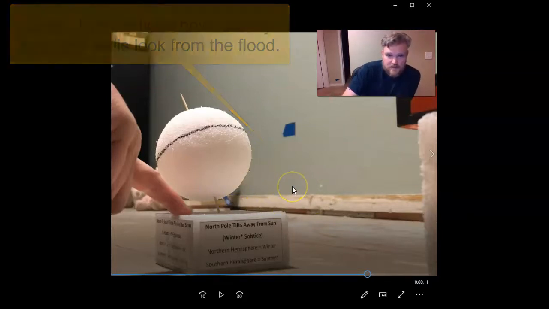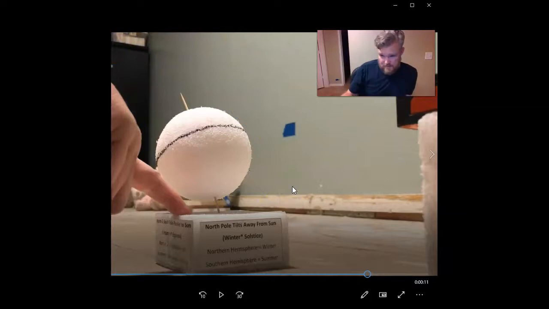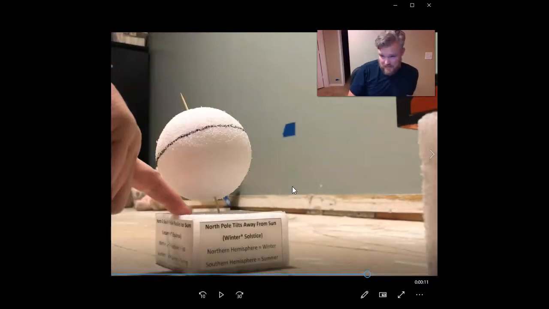Basically on that quiz, what you're looking at is that rotation is what makes a day. So the Earth rotating about its axis is a day, the moon revolving around the Earth takes about one month, and the Earth revolving around the sun is a year.